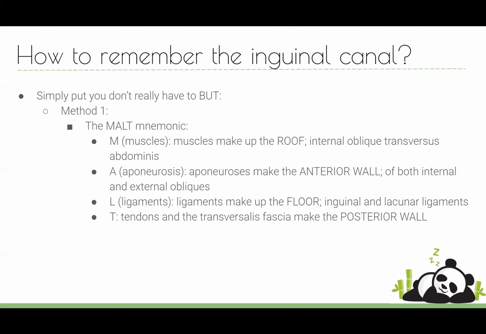The aponeurosis forms the anterior wall, which is the aponeurosis of the external oblique muscle. The ligaments make up the floor, so the inguinal and the lacunar ligament. And then the tendons, the transversalis fascia, will make up the posterior wall. That's all you need to know about the walls and what's going on there.